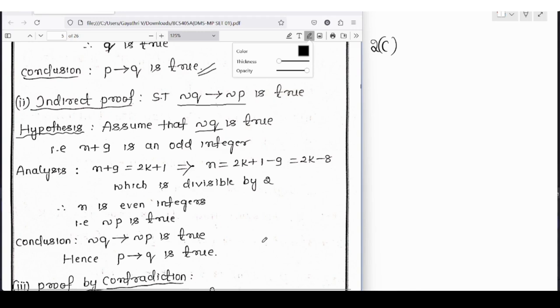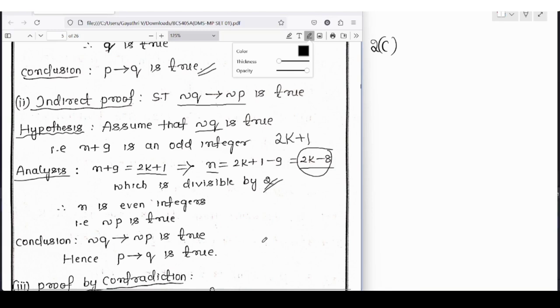So n plus 9 is an odd integer, and an odd integer will be in the form of 2k plus 1. That is what we take in the analysis. So n plus 9 will be 2k plus 1. This implies n value will be 2k minus 8. This is divisible by 2, so thus this is an even number.